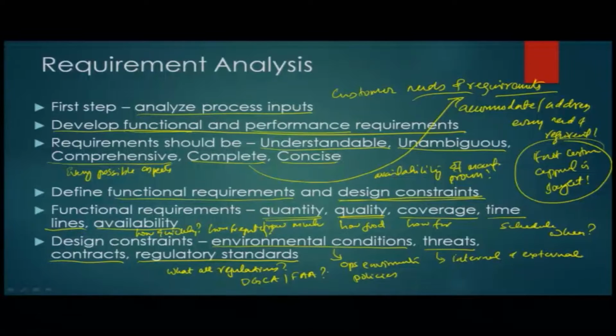You follow those and design a system such that you fulfill those standards, so that when somebody takes the UAV and flies it at some place, the regulatory agency does not come back and say not acceptable, or this doesn't meet the standards and you cannot fly. So I hope you understand the requirement analysis to a complete extent.